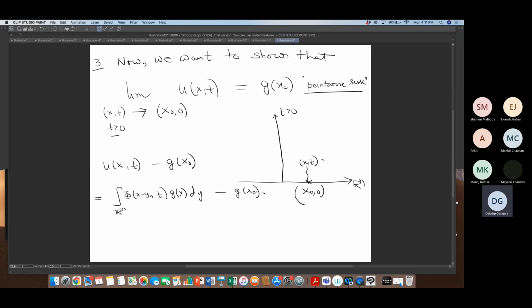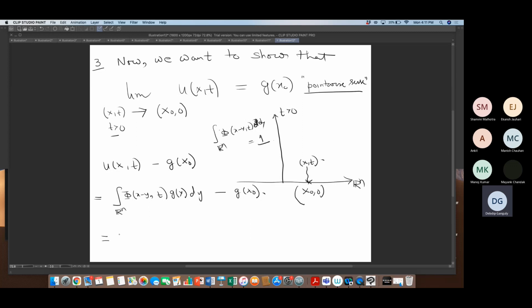Which trick will I use now? Any idea? I know that the integration of phi is 1, so I can write g(x naught) as the integral over Rn of phi(x minus y, t) g(x naught) dy, and then use continuity of g. This integral over Rn is 1.